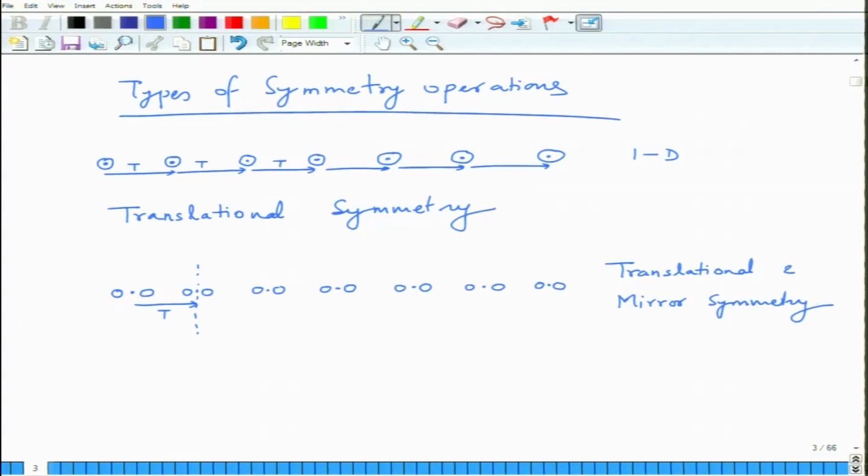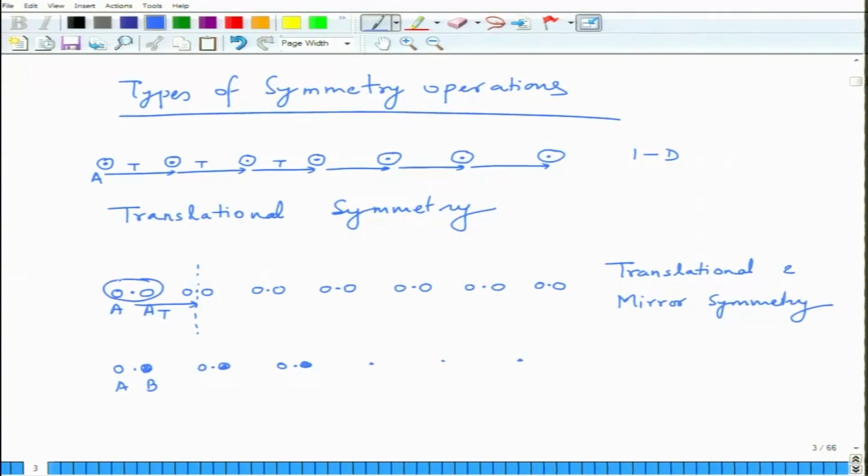You can make this a little worse, you can make the mirror disappear if you make this, let us say, dark. So, the mirror has disappeared now, right, but it still has translation, because the motif initially was A, now it is AA, now the motif is AB.